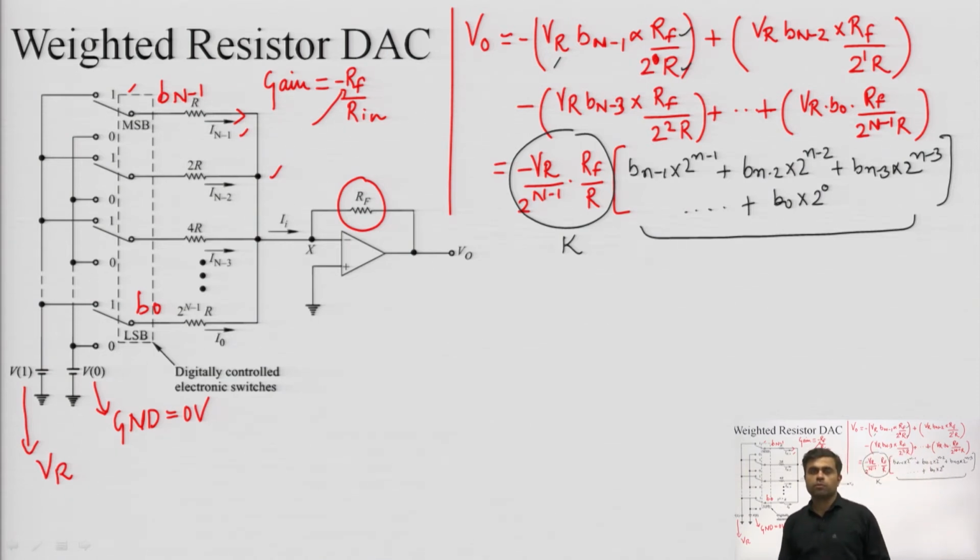Okay. So the value inside the bracket will be helpful for converting from digital to analog, or we can say binary to decimal.